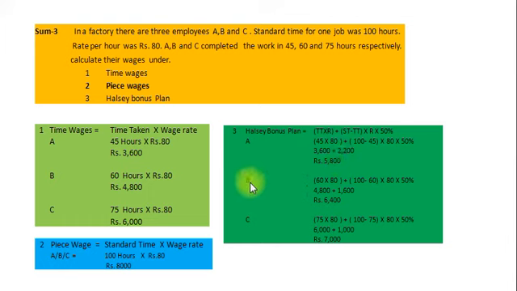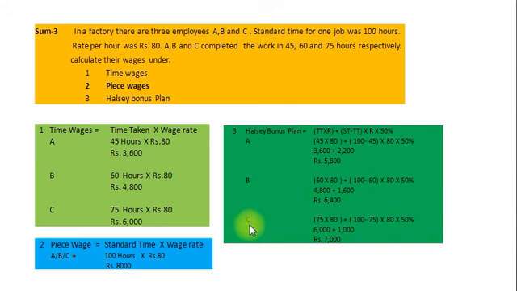Now labor B, time taken 60 hours multiply rupees 80 plus time saved would be 100 minus 60 multiply 80 rupees multiply 50%. So next step 4800 plus 1600. So his earning would be rupees 6400.